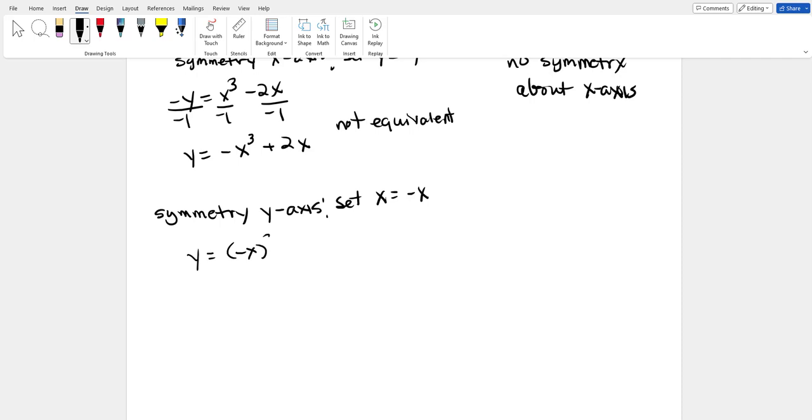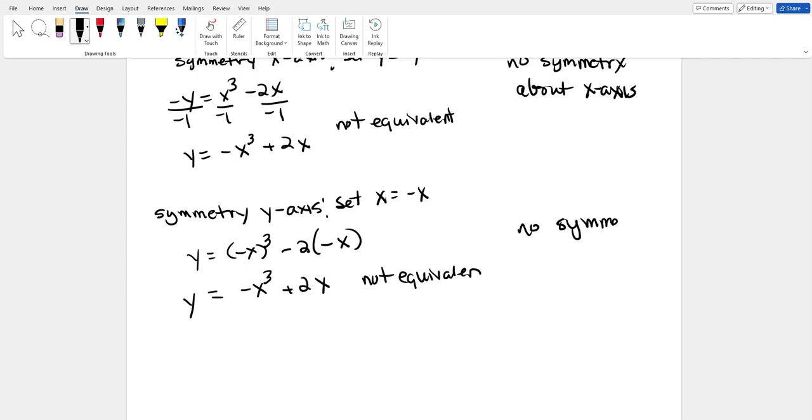So now we're going to talk about symmetry about the origin. And once again, to do that, we're going to set x equal to negative x and y equal to negative y. So we end up with negative y is equal to negative x cubed minus 2 times negative x.